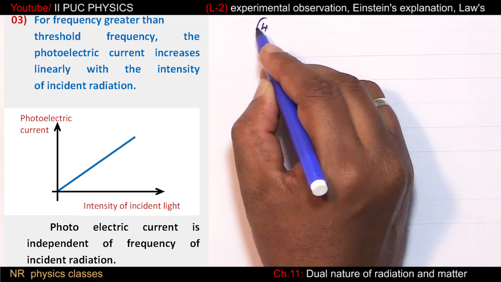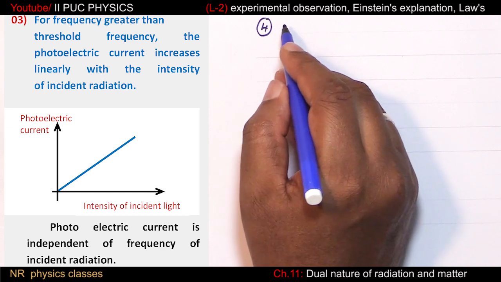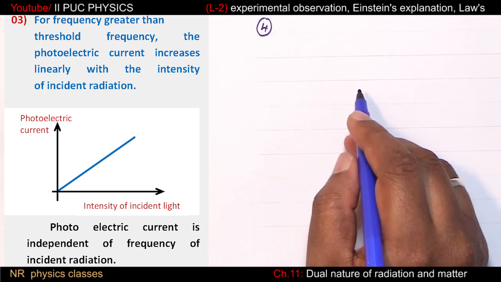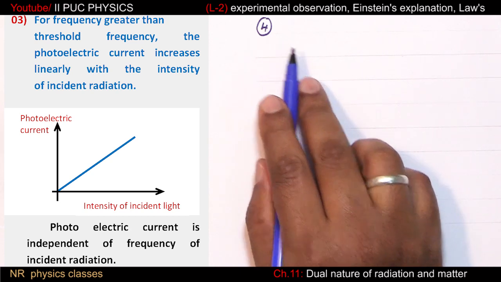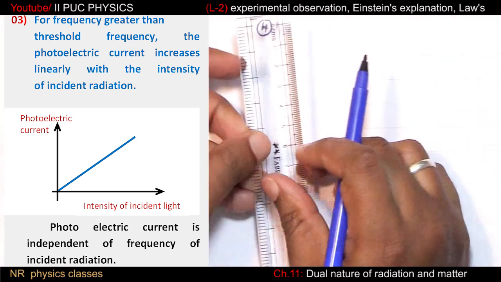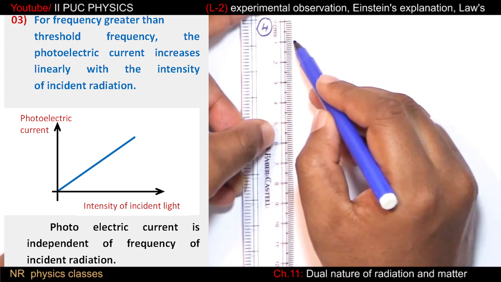Fourth observation, the kinetic energy of photoelectrons versus frequency. Okay, let us understand through this graph.